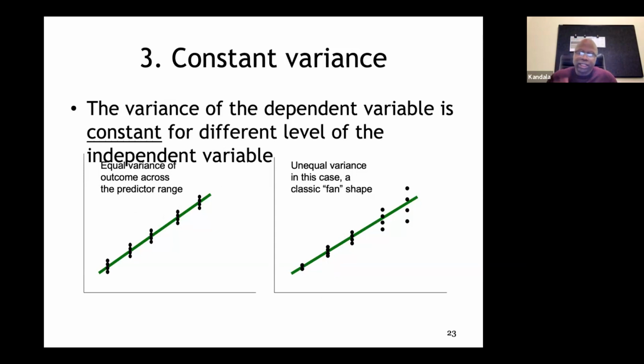That means that the distance you are seeing there is not equal. Whereas in the left-hand side graph, we have equal variance of the outcome across the range of the predictor.